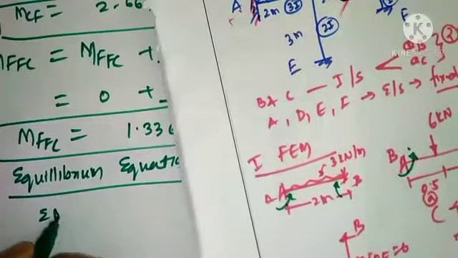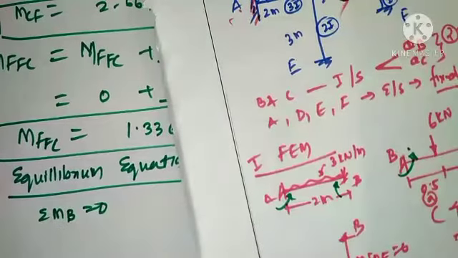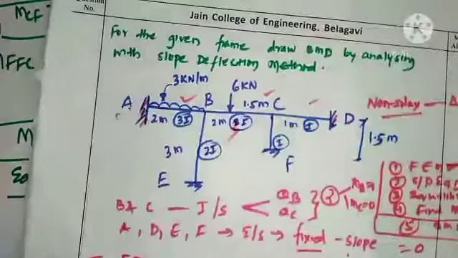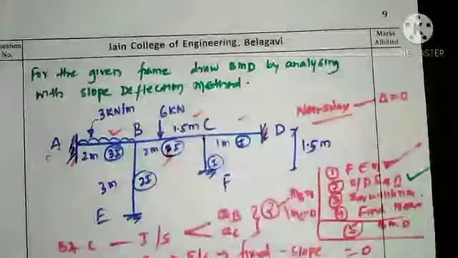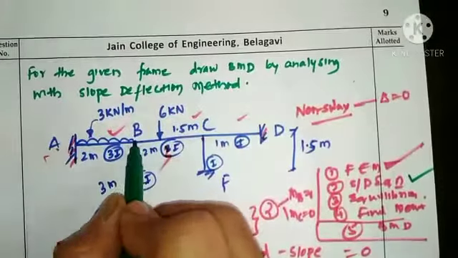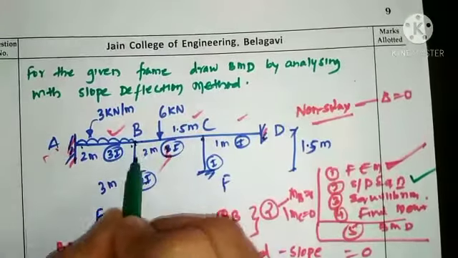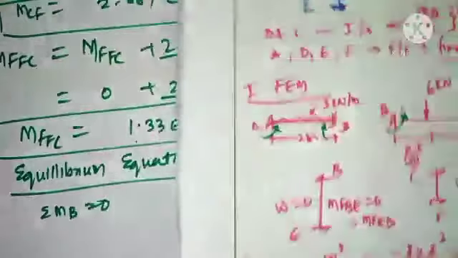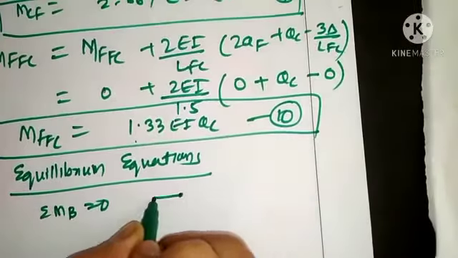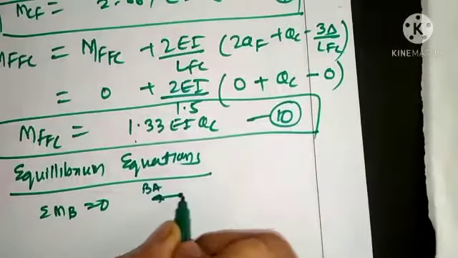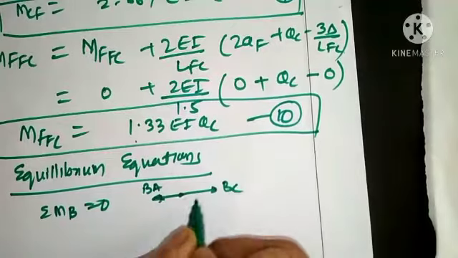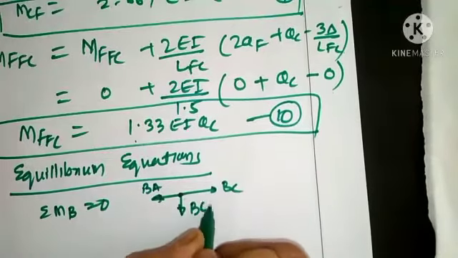So I shall note down summation MB equals 0. How many members are connected at B? BA, BC and BE. If I draw the free body diagram at B, the left hand side is BA, the right hand side is BC and the vertical member is BE.